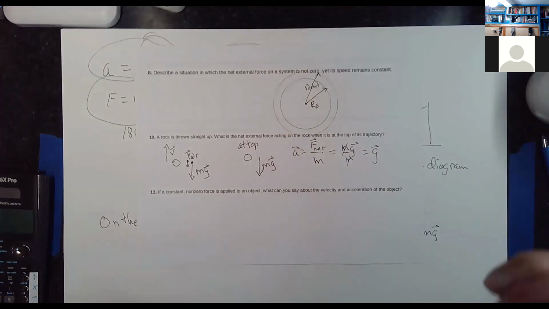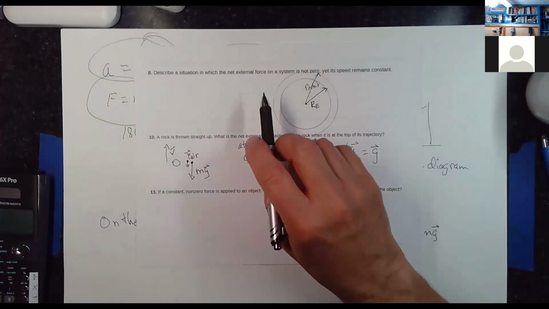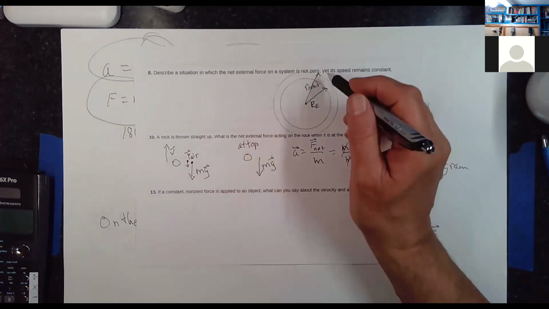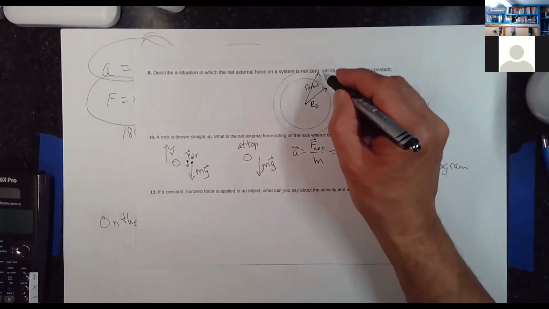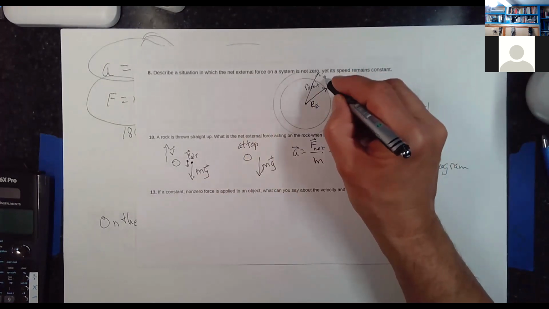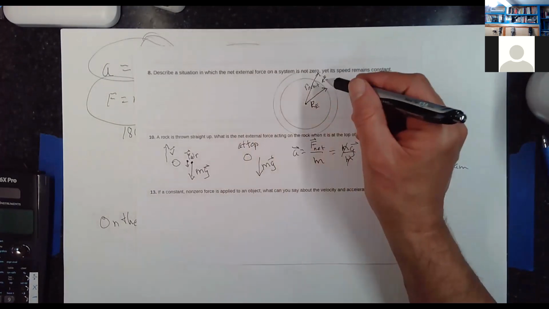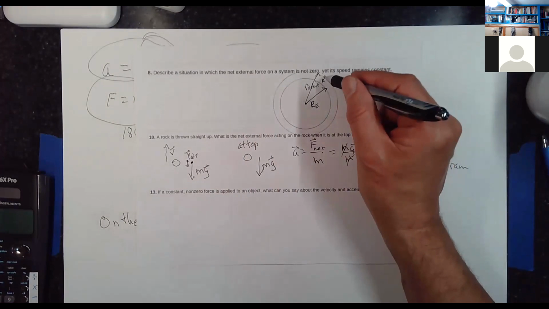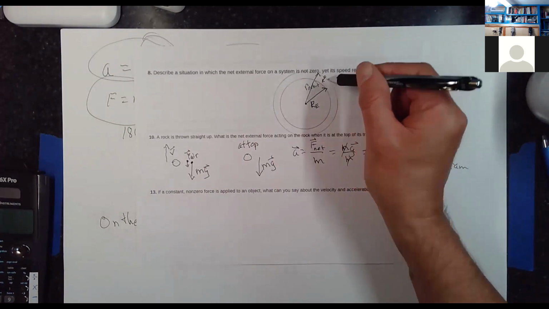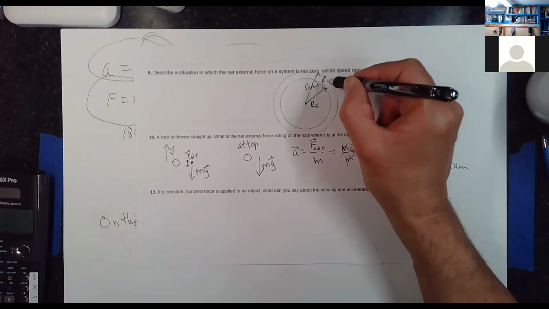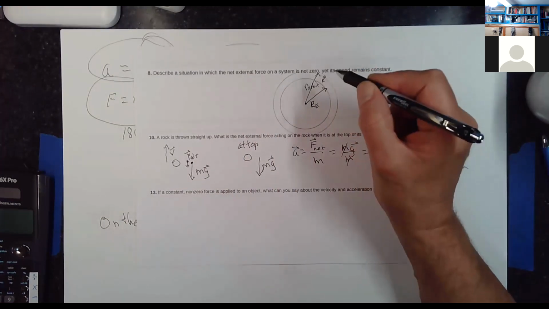Now, this is a situation where the net external force on the system, the satellite, is not zero. At any given instant, they've got a downward force on them that's equal to their weight at the altitude they happen to be at. It'll be 90% or so of the weight on the Earth, depending on the height of the orbit.